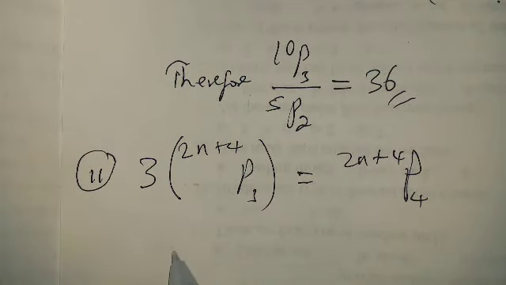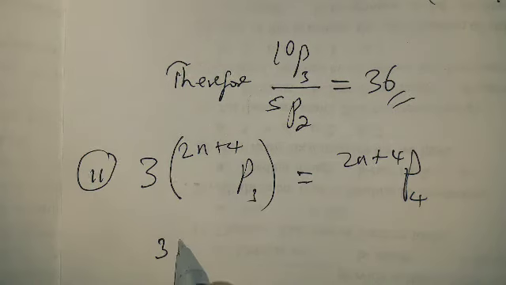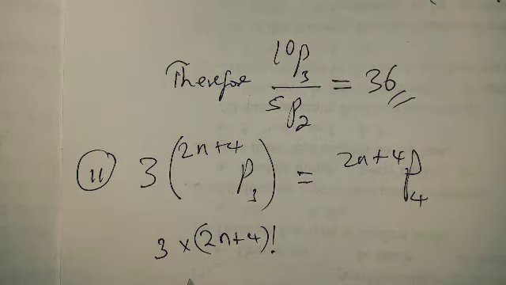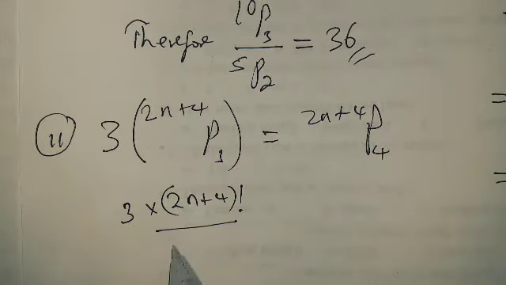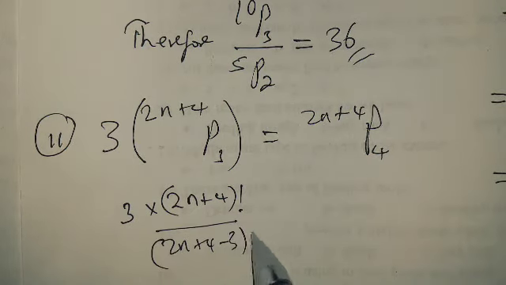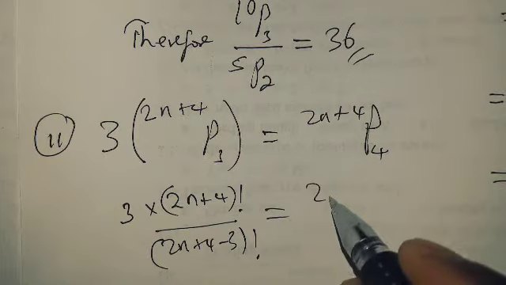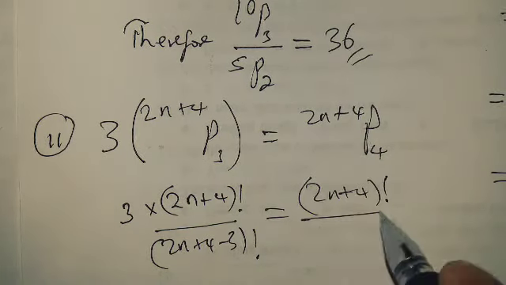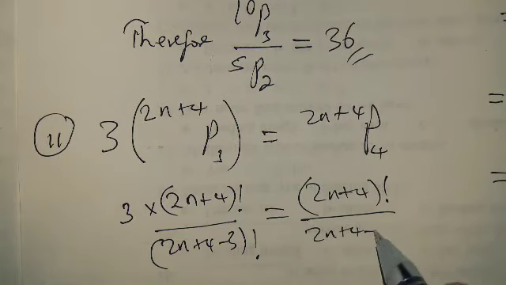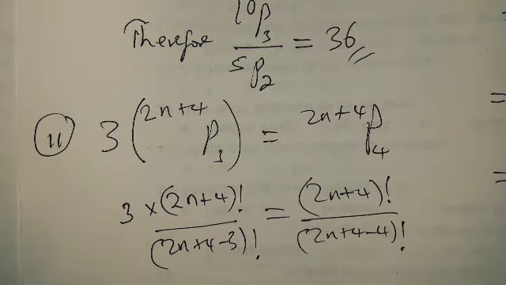So this can be expressed as 3 times 2n plus 4 bracket factorial all over 2n plus 4 minus 3 bracket factorial is equal to 2n plus 4 bracket factorial over 2n plus 4 minus 4 bracket factorial.